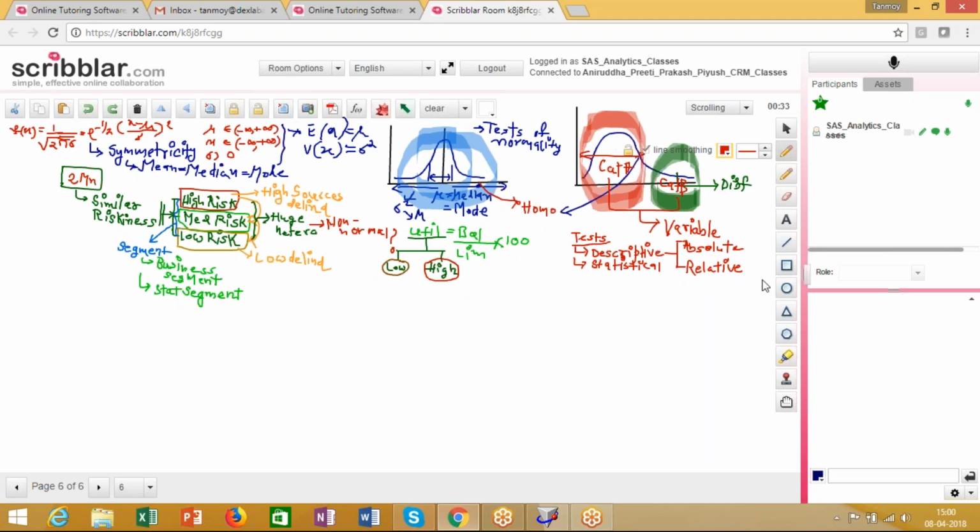Right. So over here, we would look into each of these measures and test how a normal distribution can be identified. So let's have a quick look at how a normal distribution looks.